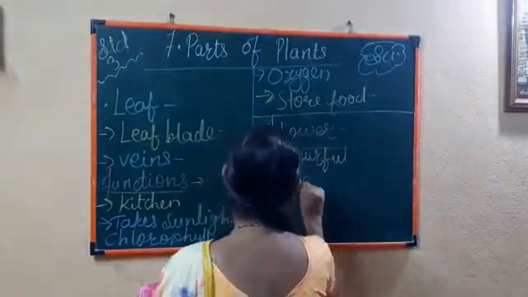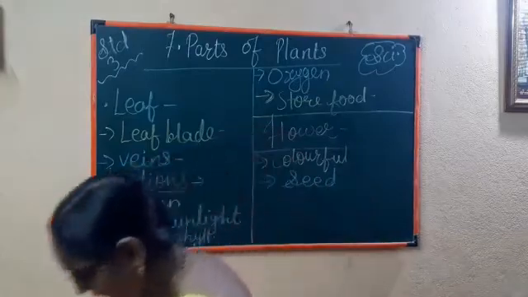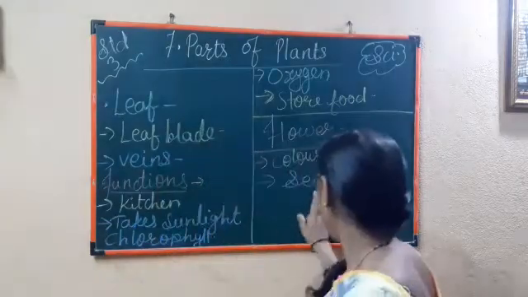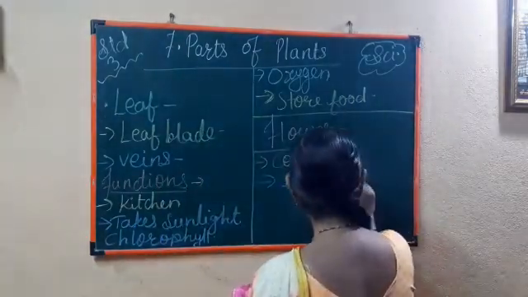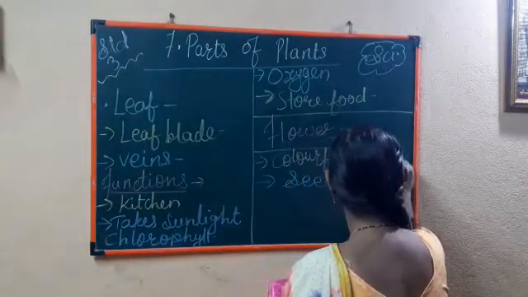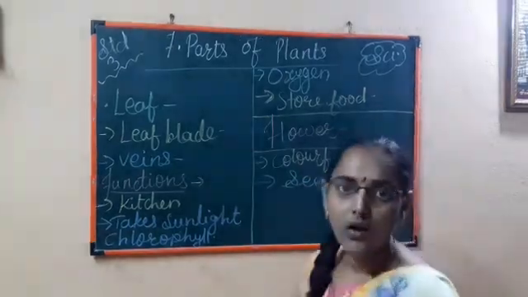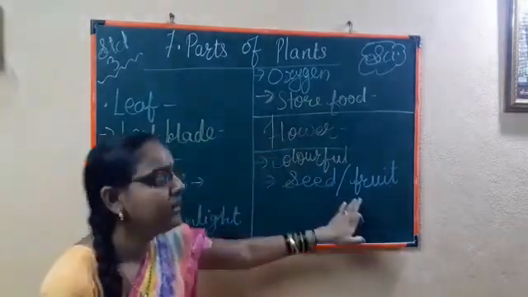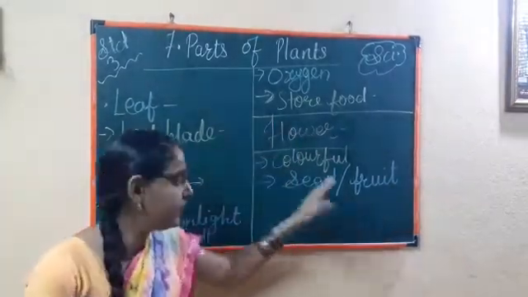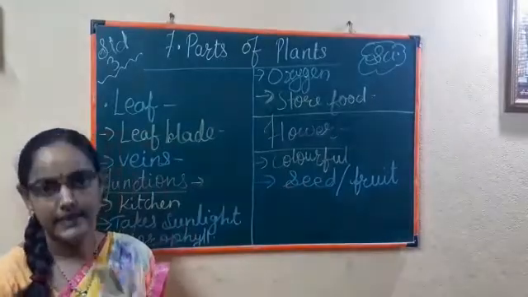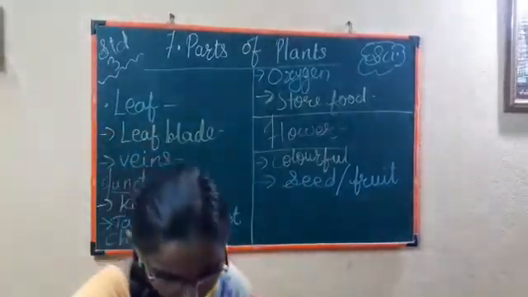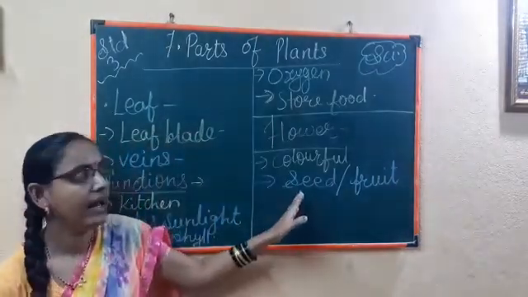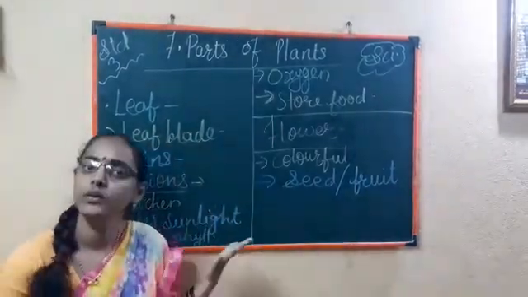It is very helpful in making fruit. With the help of the flower we get fruit, and with the help of the fruit we get different kinds of seeds. And these seeds are very helpful in the production of new plants.